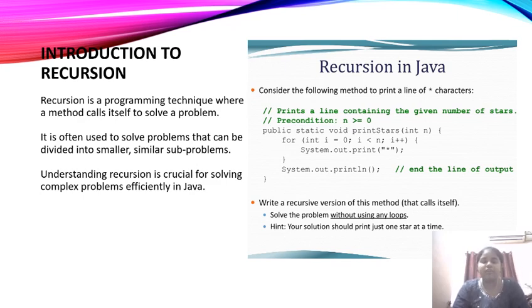It is often used to solve problems that can be divided into smaller similar sub-problems. Understanding recursion is important for solving complex problems efficiently in Java. By using recursion, we can solve problems in an easier way.